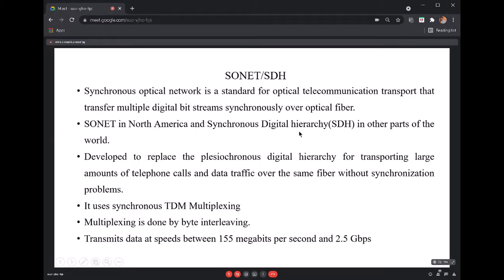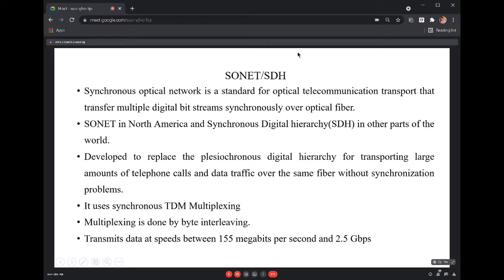It was developed to replace PDH, which was concentrating only on a small amount of data being transmitted, whereas SONET has the capability to transmit a large amount of data, either telephone data or any other data traffic, on the same fiber without synchronization problems.